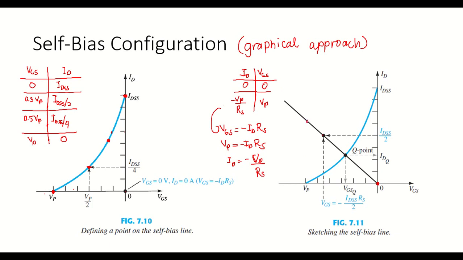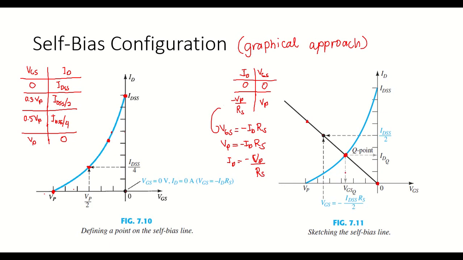So the second point is somewhere here, and we will just connect the 2 points for us to have the self-biasing line. So the intersection of the transfer characteristic curve and the self-biasing line will be the Q point of the circuit.